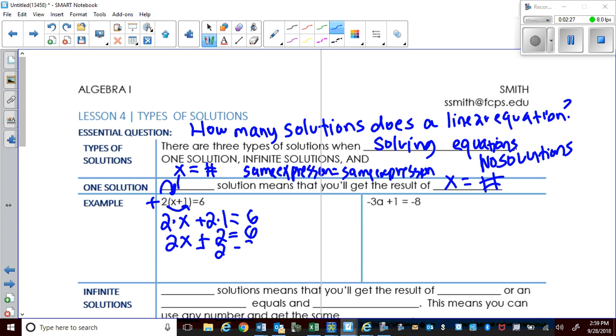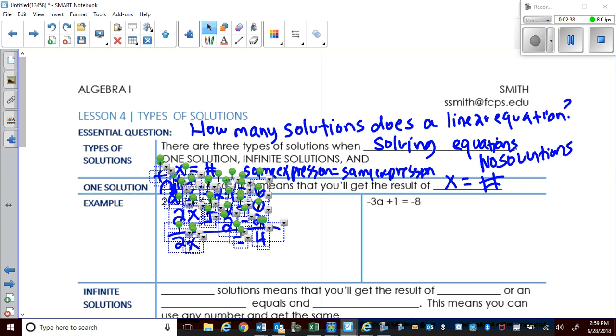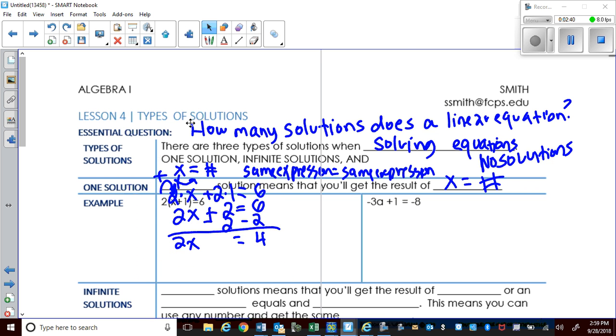Subtract 2 on both sides. 2x comes down, equals 4. After that, I want to get the x term by itself, so I divide by 2 on both sides.